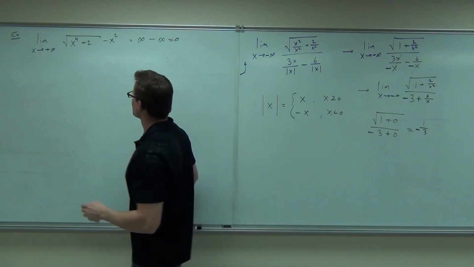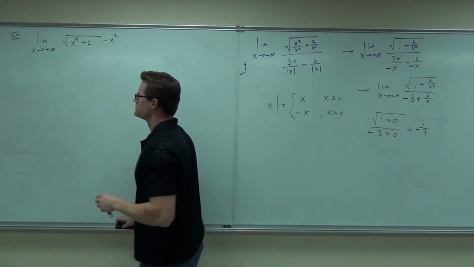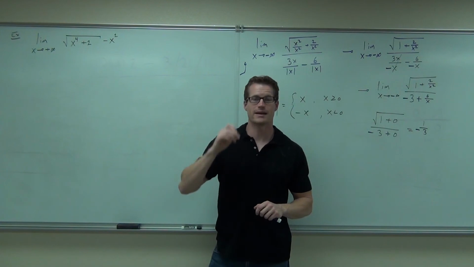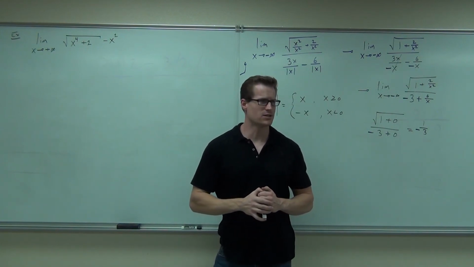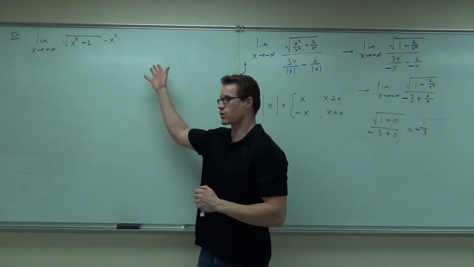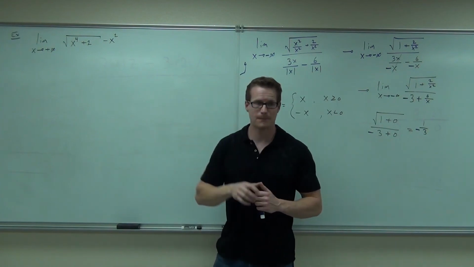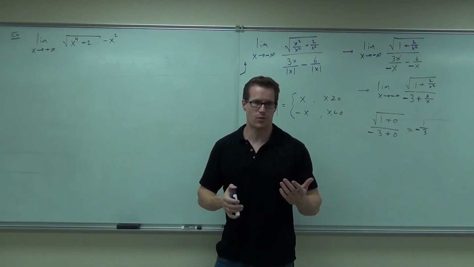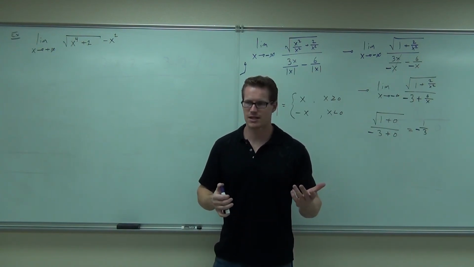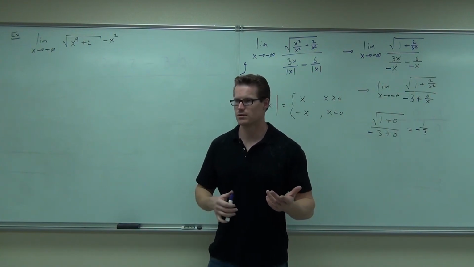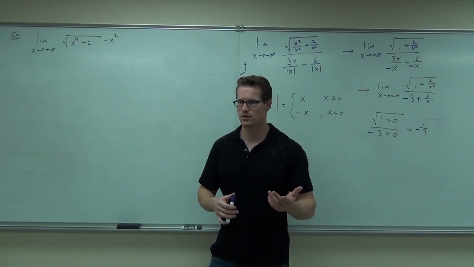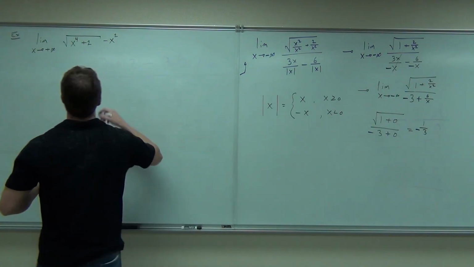Now, in this case, you have a root. You have a root minus something. What's one thing we like to do with roots minus something when we can't work on them any other way? We usually try to rationalize somehow, right? Now, this doesn't have a denominator, so make one. Put it over what? Put it over 1. Get yourself a denominator.